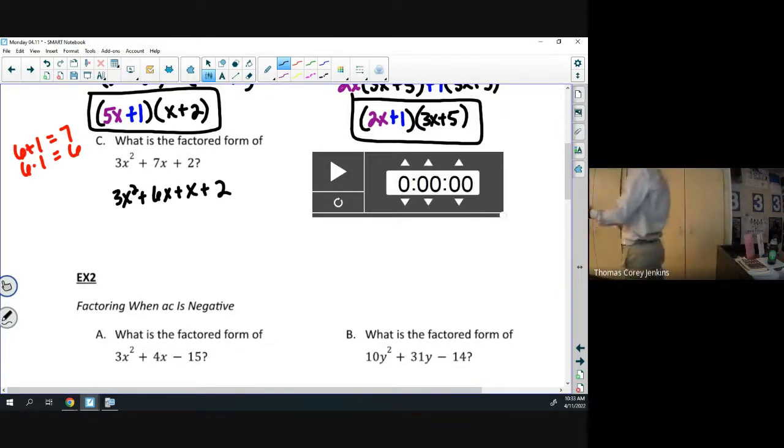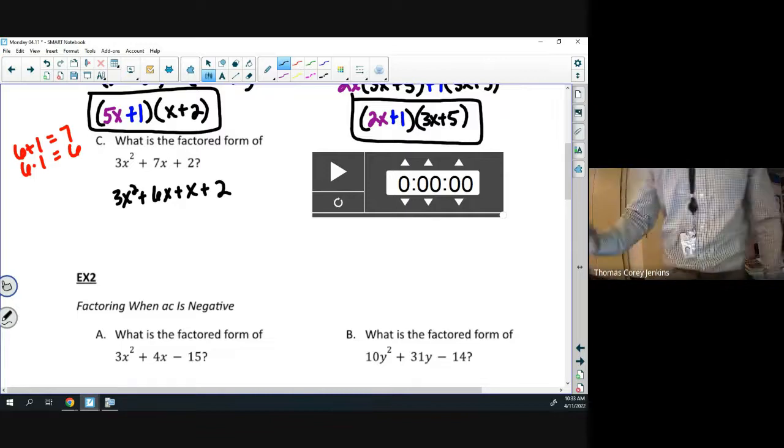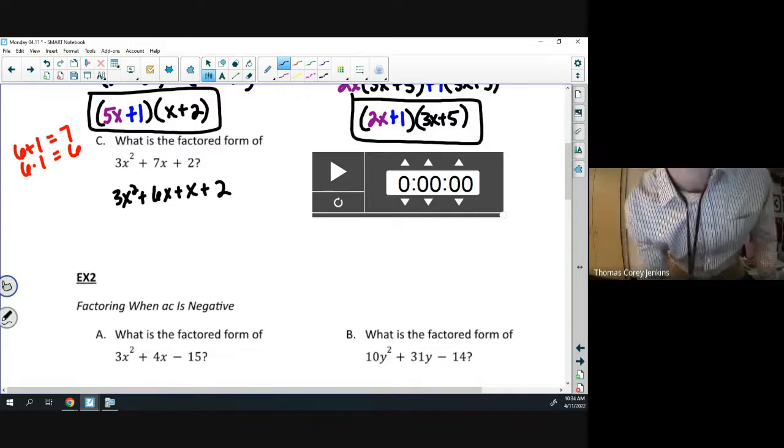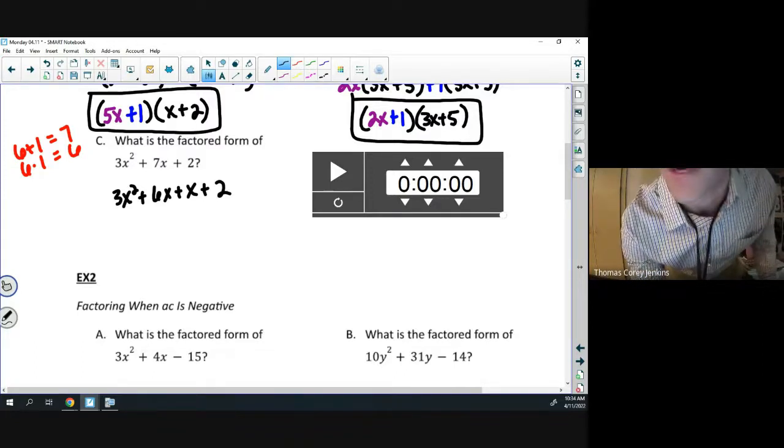All right, anybody think they have the final answer, and I'll show the work? Miller? All right, 1x plus 2 and 3x plus 1. Either order, it doesn't matter, okay? So anyways, once you've split up the middle term, out of my first two terms, I could pull a 3x, depending on which order you put them in.